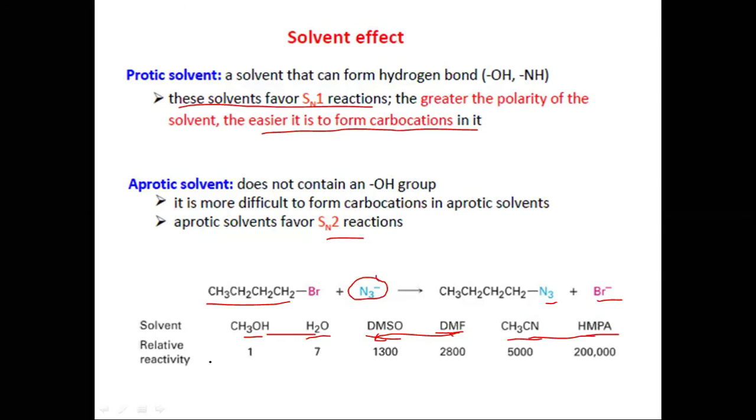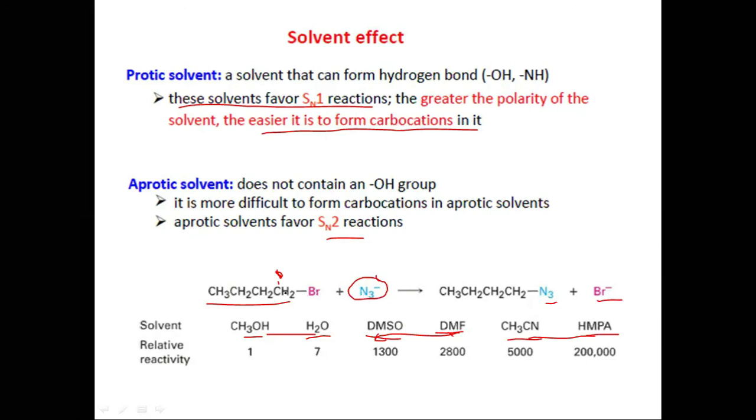So in such cases, the reaction needs to proceed via the SN2 mechanism only, as it is a primary carbon based alkyl halide, and it proceeds via the SN2 mechanism.